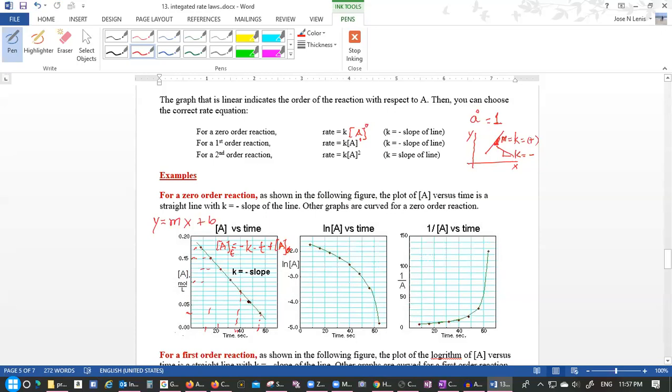And when this straight line intercepts the y-axis somewhere here, that will be time 0. So that will be the initial concentration. Now we have a formula that describes a zero order reaction. Very useful. You can rearrange these terms.